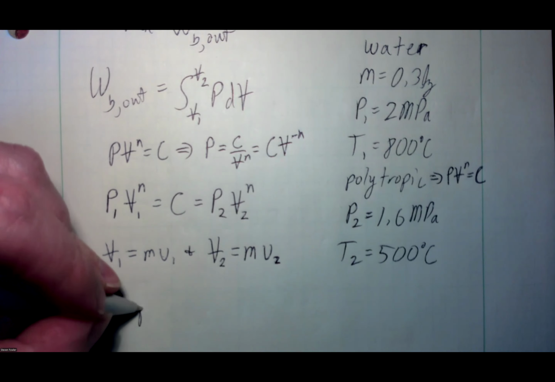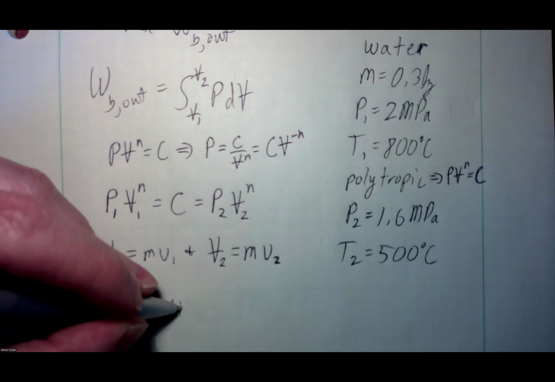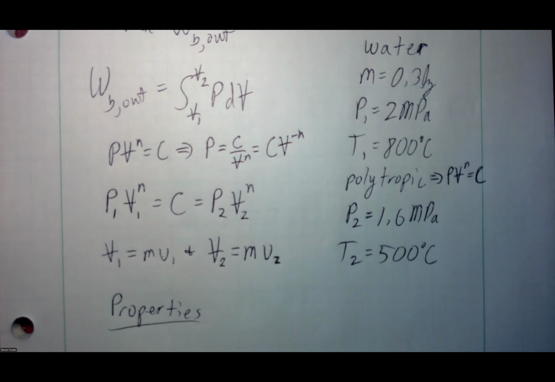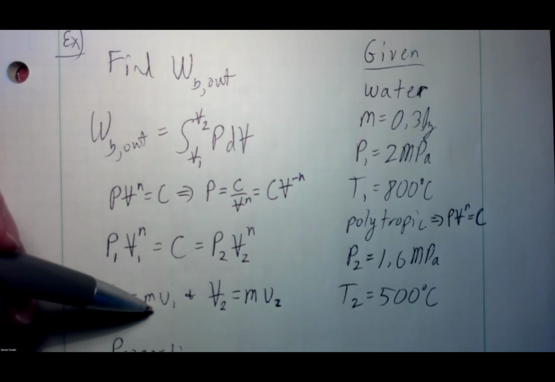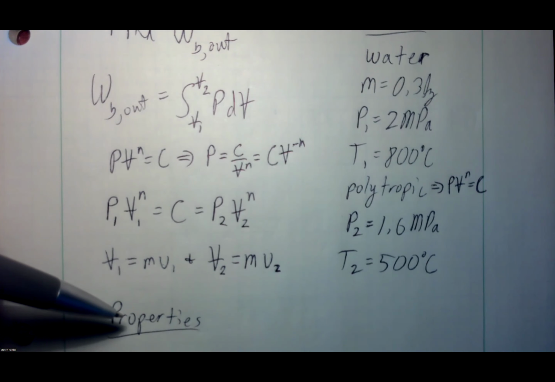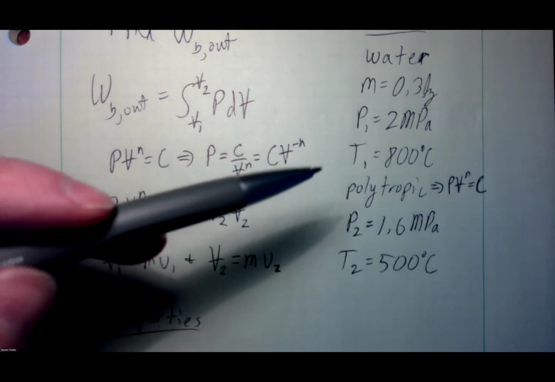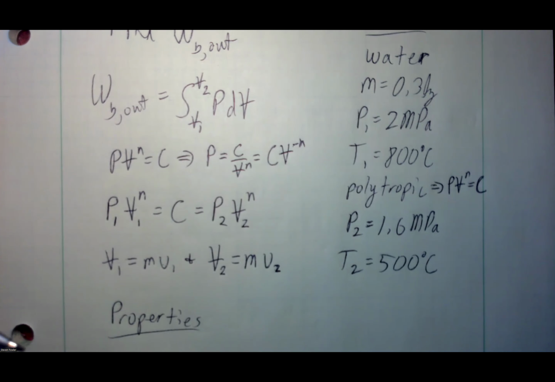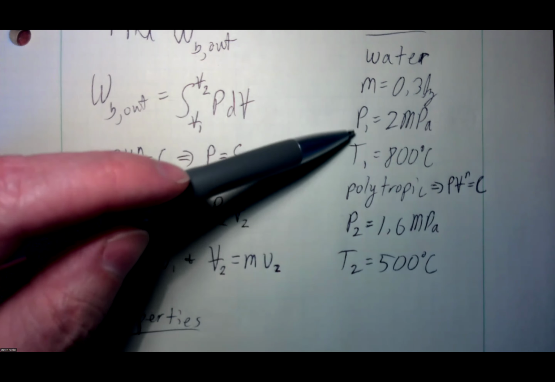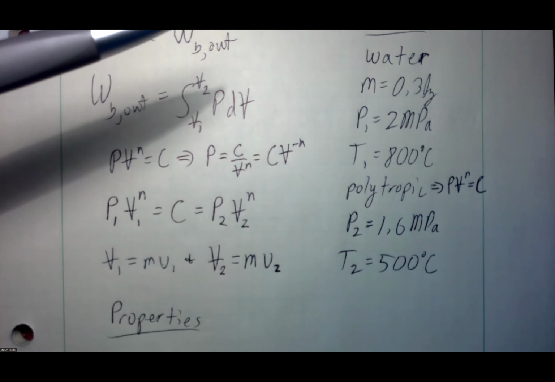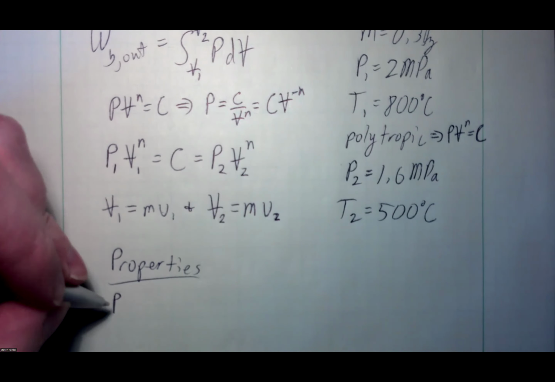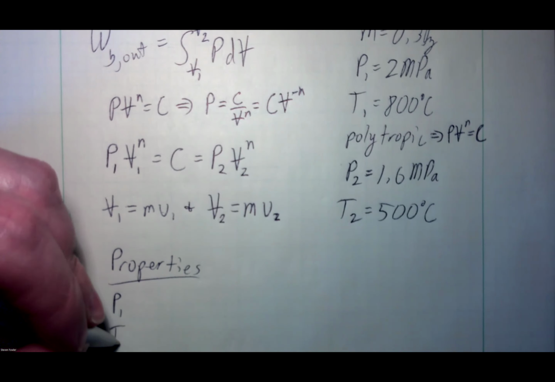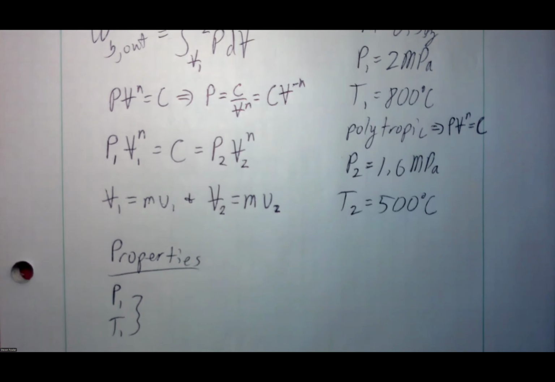So how do we find those specific volumes? Now that becomes the unknown. These are specific volumes, or properties, so I need to find unknown properties. For water and R134a, I've got property tables, and the rule for those property tables is I need at least two properties at each state. In this case, I've got pressure and temperature, which is normally enough to find those properties.